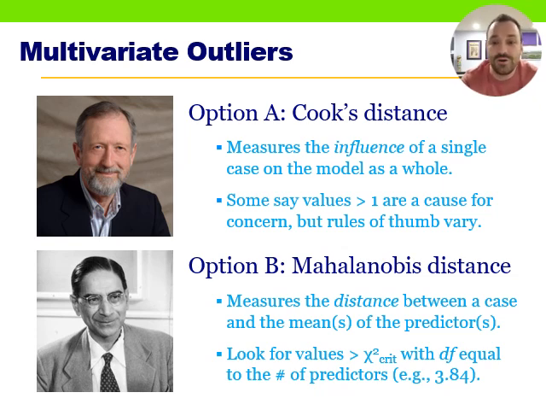For the Mahalanobis distance, the number that we're going to compare it against is 3.84. As long as we have one predictor, that's always going to be the number that we compare it against, 3.84. Don't worry about why. All you need to know is that for each participant, they're going to have a Mahalanobis distance, and if their Mahalanobis distance is greater than 3.84, we're going to consider them an outlier.